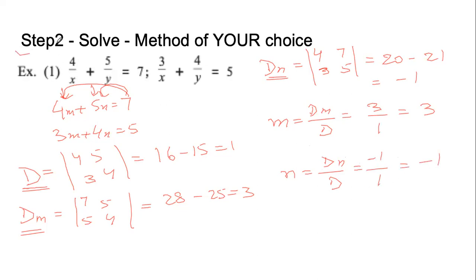Okay, step number 2 is complete, where we have found the values of the substituted variables. We started with x and y as the variables, we substituted them with m and n, and now we have solved the equations to find the values of m and n.